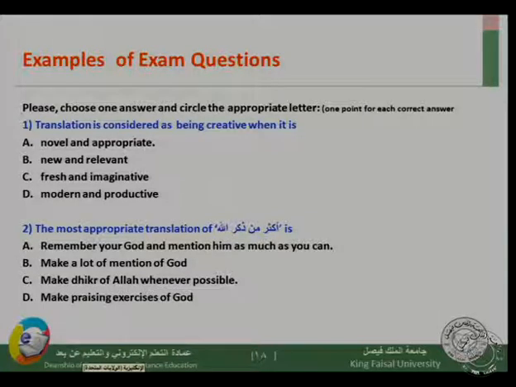For instance, question number 1: please choose one answer and circle the appropriate letter. Just an example. Translation is considered as being creative when it is: novel and appropriate, new and relevant, fresh and imaginative, modern and productive.